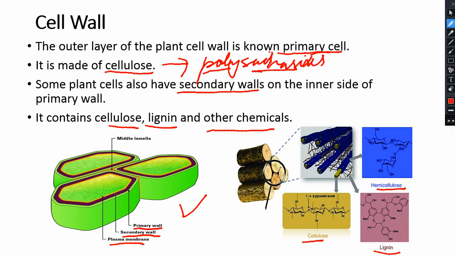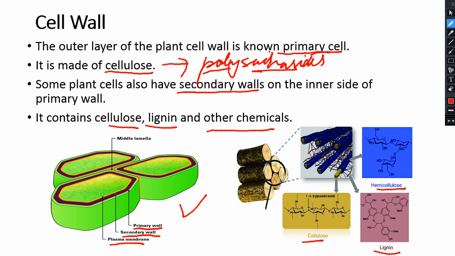So it is the composition of these three components: cellulose, lignin, and other chemicals, which in most cases are hemicellulose. In simple words, the secondary wall is just an additional layer that provides protection.